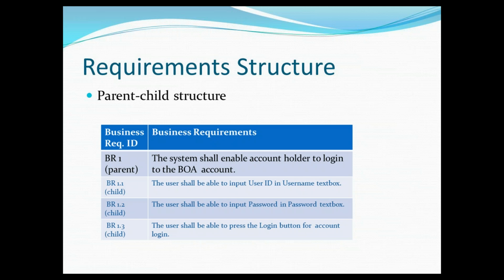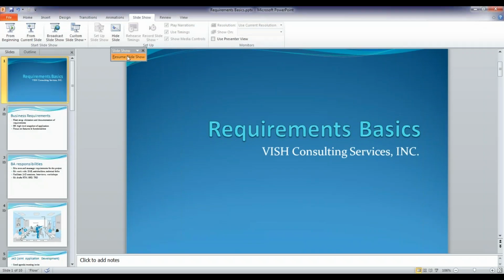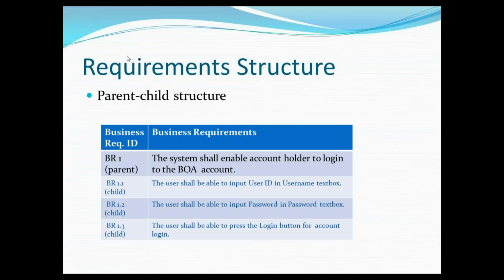That's my point, guys. You have to clearly define how the system will work, from a business perspective, from a user perspective. There will be a text box for username, a text box for password, and then a button. Until it's clearly defined, programmers will not create it.